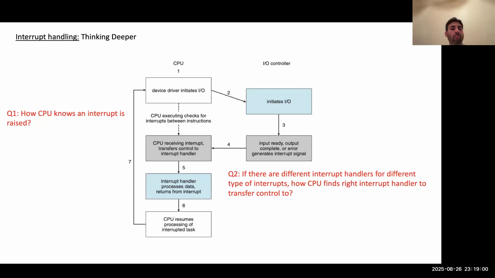And for the interrupt coming from the USB controller, let's say we need to transfer the control on arrival of the interrupt to interrupt handler 2, right? But then how does the CPU differentiate between these two different interrupts, so that it can invoke the correct interrupt handler?